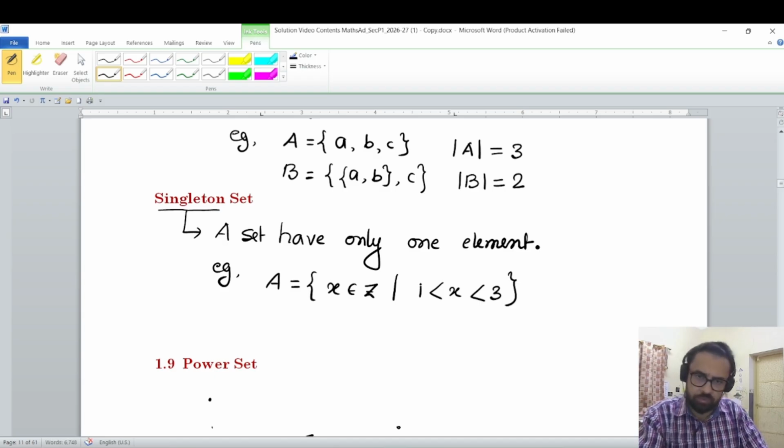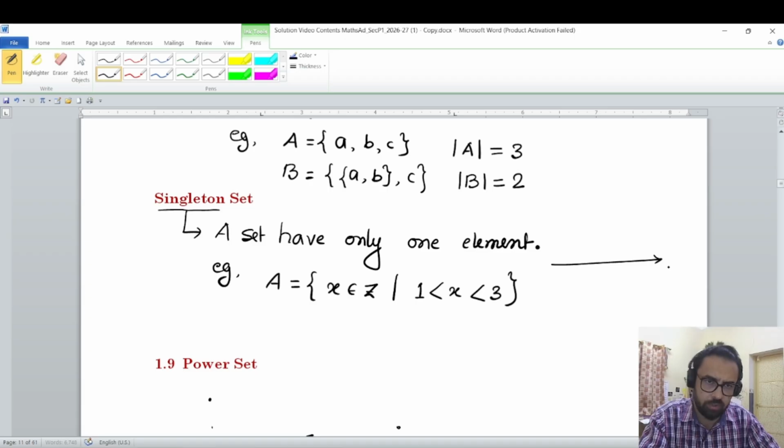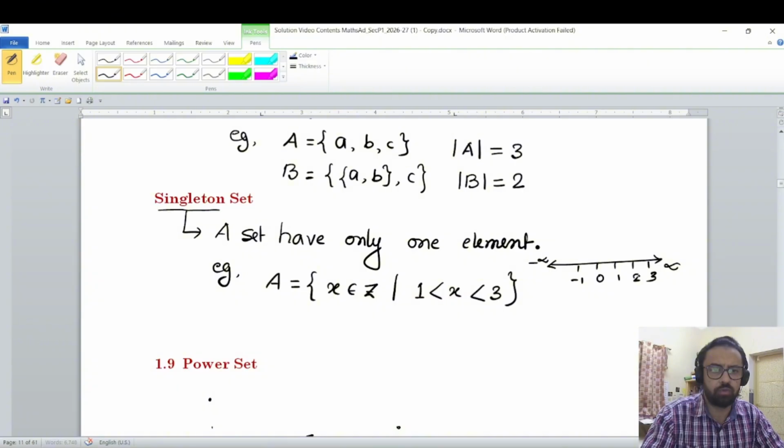So in this set, you imagine x is an integer, and if you remember the integer line, up to plus infinity and this is up to minus infinity, then 0, 1, 2, 3, minus 1, like this. Okay, now between 1 and 3, how many integers we have? Only one integer, that is 2.